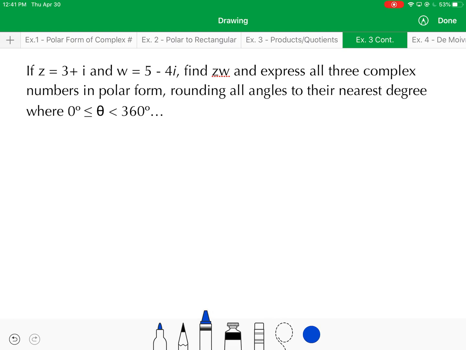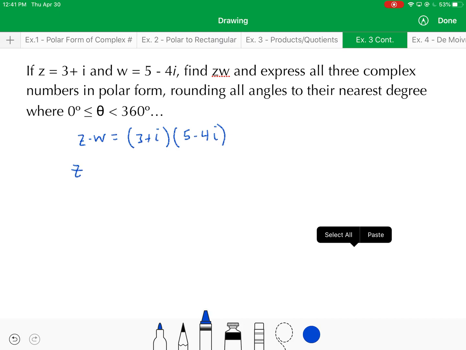Okay, so basically what we're being asked here, we're asked to find z times w, so 3 plus I multiplied by 5 minus 4i. You've done that before in the rectangular form. We just want to be able to do it in the complex polar form.